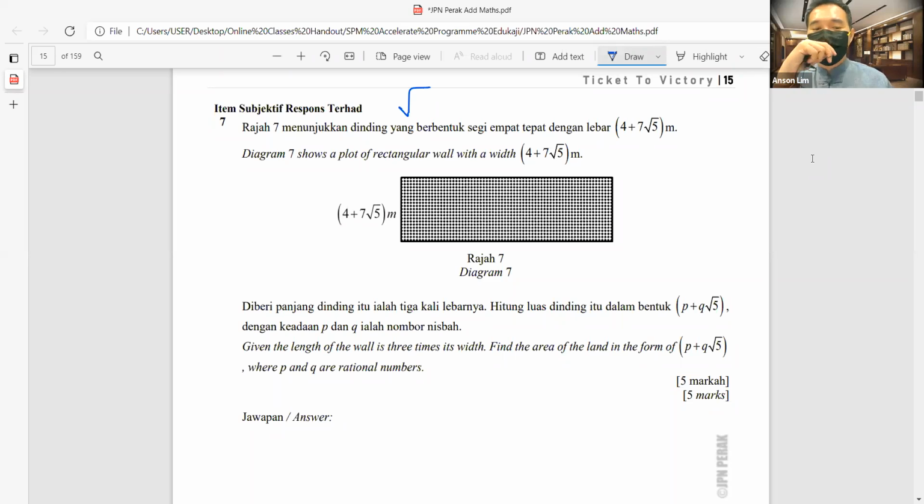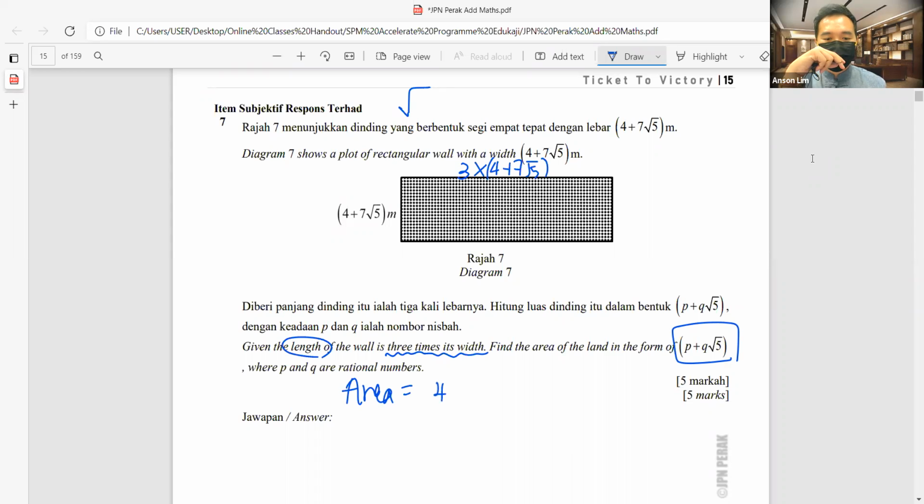So please take note that you have to understand, given the length of the wall is 3 times the width, so that means 3 times of the width. And find the area of the wall in this form. This area is very simple. You take length times width, or you can take width times length also.